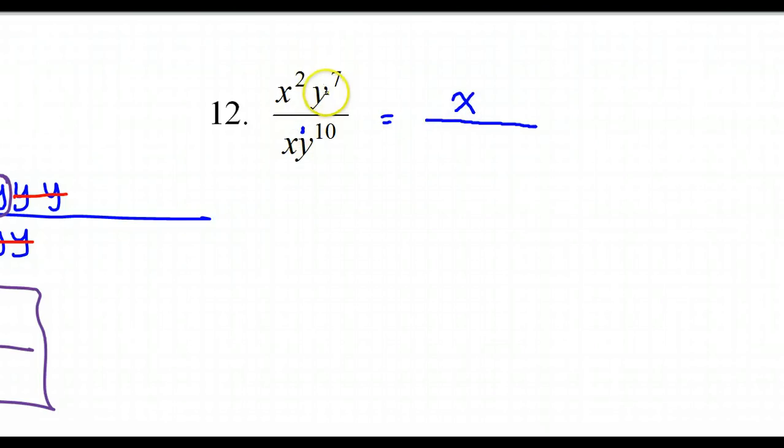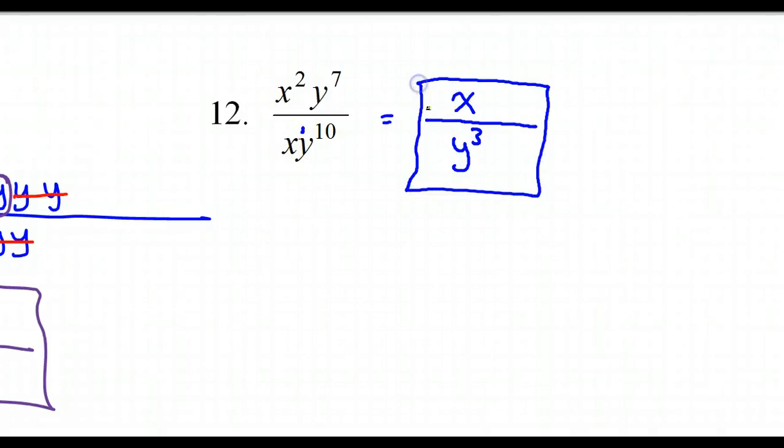There's 7 y's on the top, there's 10 y's in the bottom. You can think of it as subtracting 7 minus 10. But those 3 y's that are left over will be on the bottom because that's where the extras are. So the final answer should be x over y to the 3rd power.